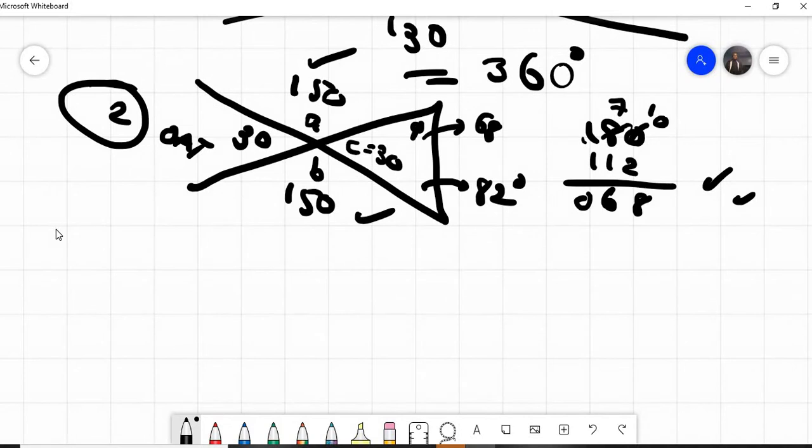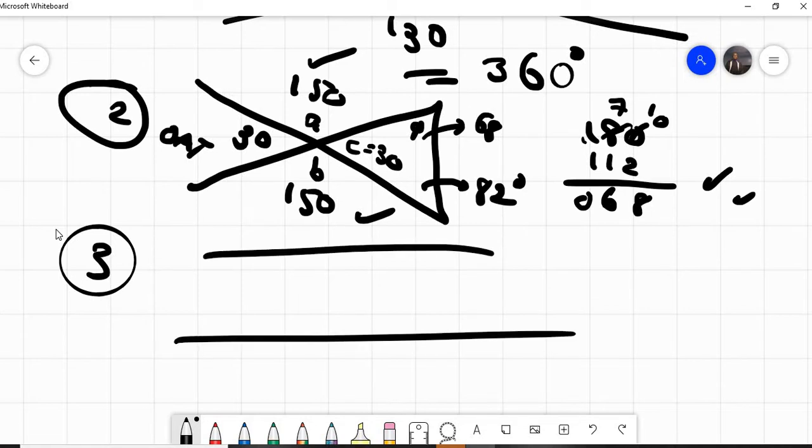And our third example, example number 3, we're given two parallel lines, and then they cut them with another line.